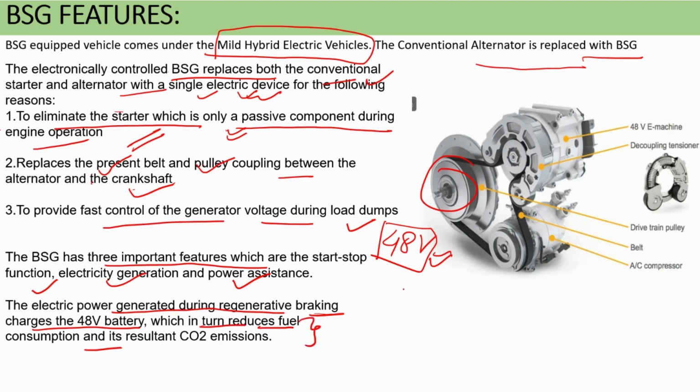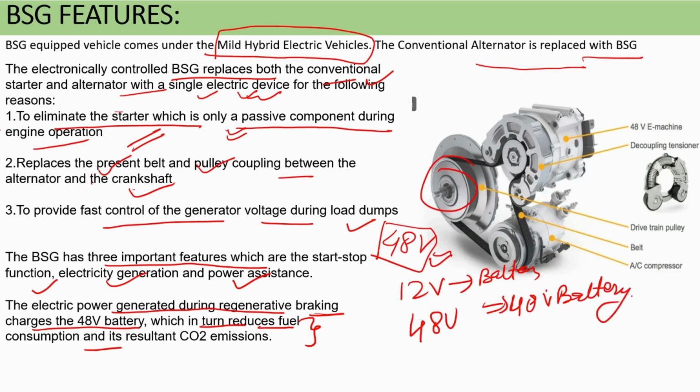As I told you, we are keeping the 12 volt battery and the 48 volt battery. Here we are discussing the 48 volt battery, where we have extra power. If you have the extra power, you can give it to some functions, like lighting and other things.